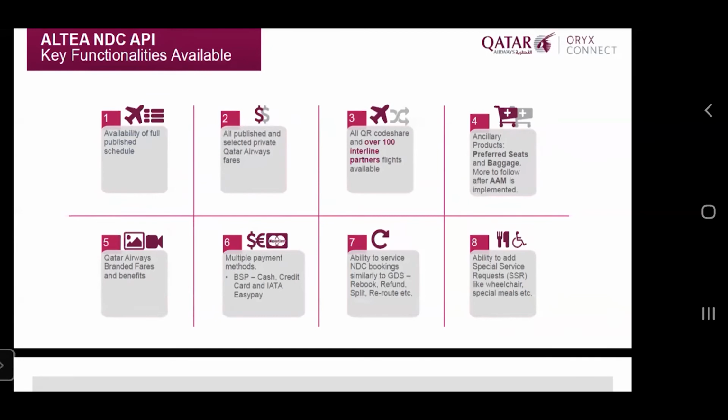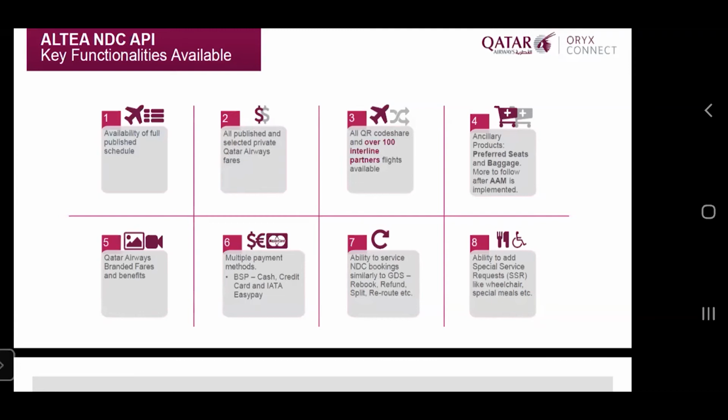This NDC is certified by IATA because Qatar Airways has obtained the Airline Retailing Maturity Index, which we call ARM certification, from IATA. And we have full order management capabilities for all booking and selling, in order to enhance servicing our products and services to our customers.